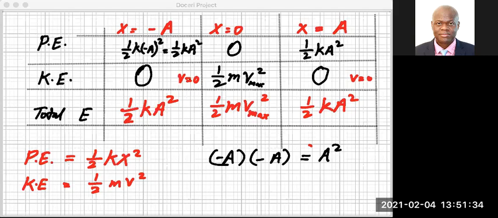Now, what do we know about energy? There is a principle you studied in physics 1 about energy. Who recalls the principle that governs energy? Mr. Bryson Williams, which principle governs the way energy evolves?